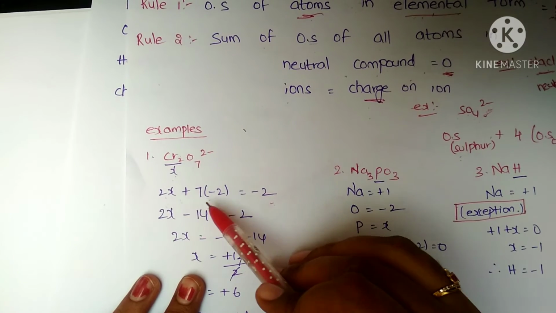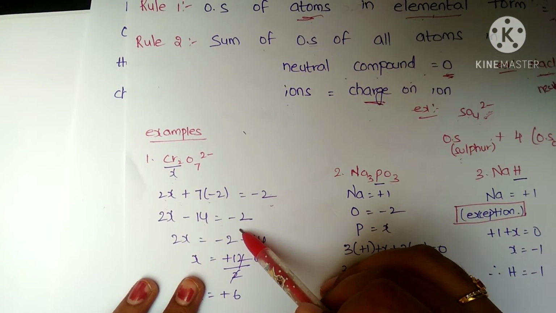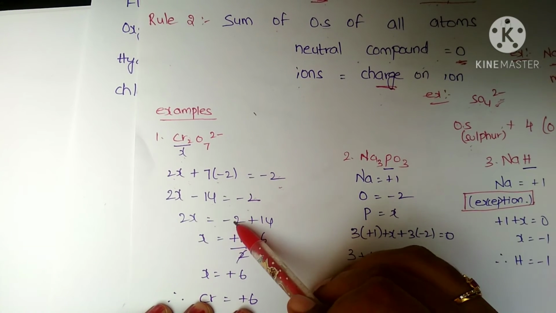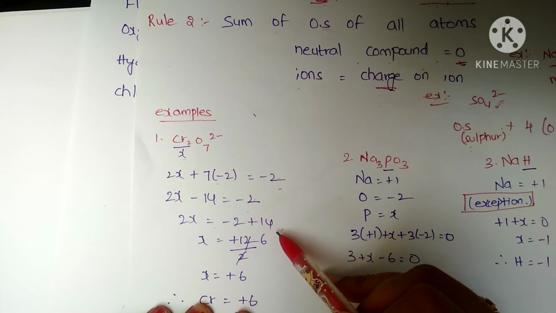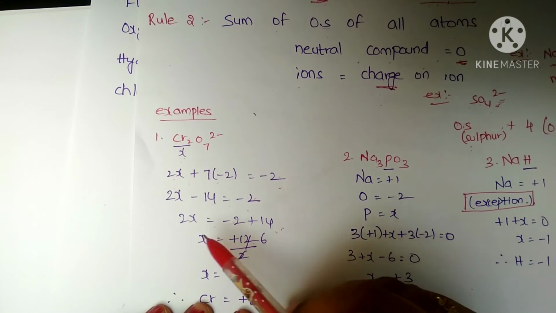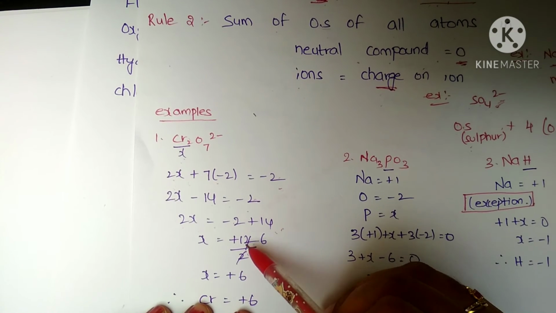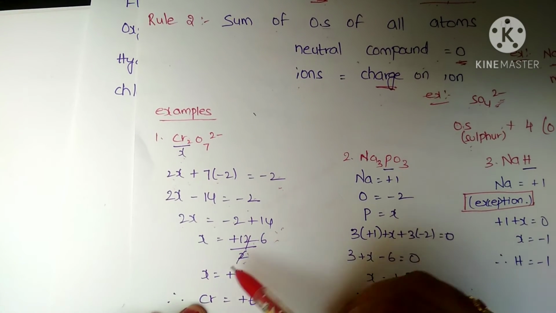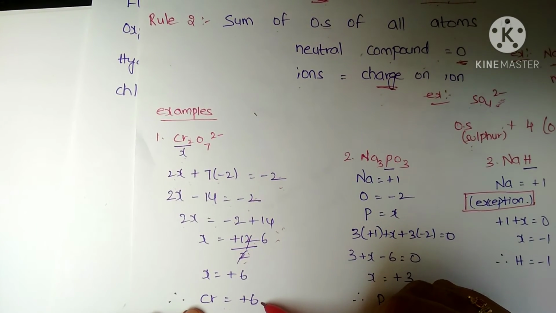So 2X plus 7 times -2, 7 twos are 14, equals -2. Next, 2X equals -2, and -14 goes to the other side, so -2 plus 14 means plus 12. 2X goes to the other side as divided by 2, so 12 by 2 means X. That is, the chromium oxidation state is +6.